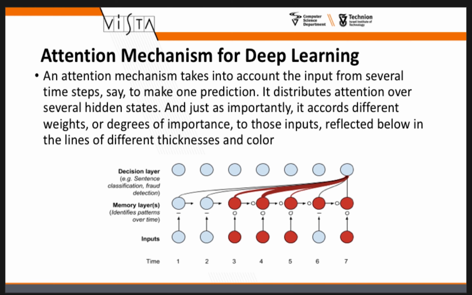So if you want to make one prediction, it distributes attention over several hidden states that you have, and importantly, it accords different weights or degrees of importance to that input, reflected below in the lines of different thickness and color.